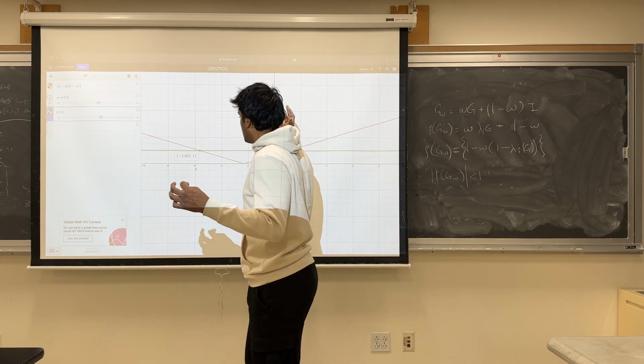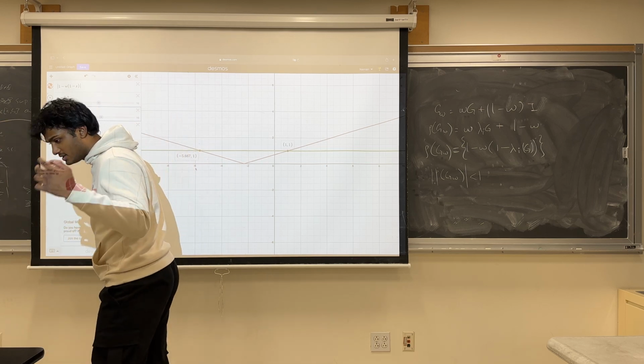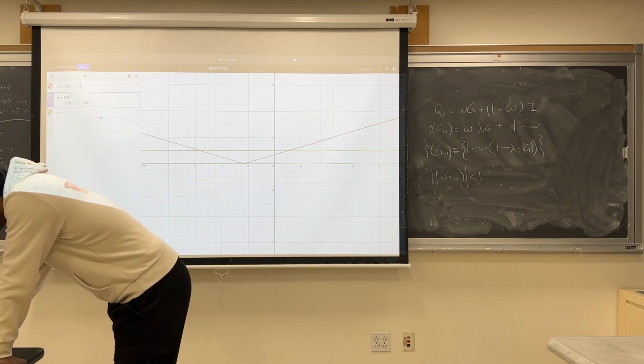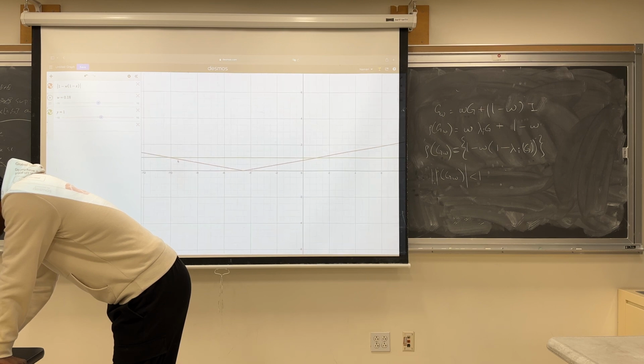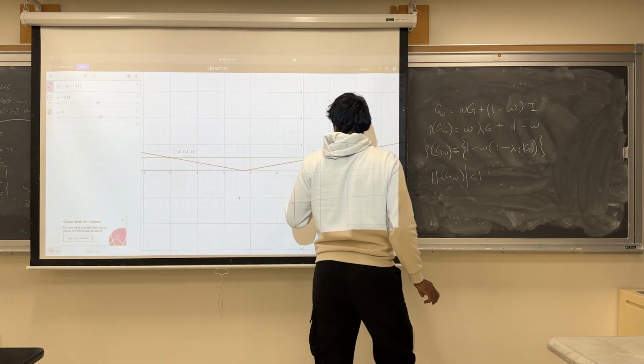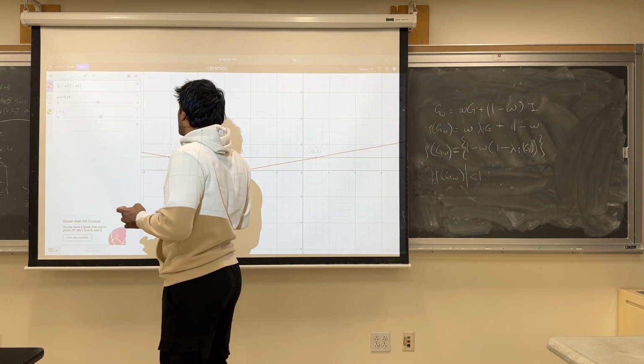Let's say I was given my lambda max as minus 10. Let's see, if my lambda max was minus 10, what would happen? If the eigenvalues of my G were between 1 and minus 10, let's say I choose omega as 0.18.